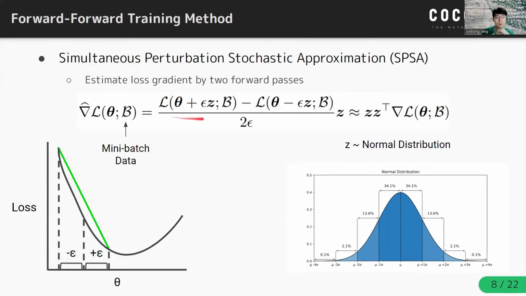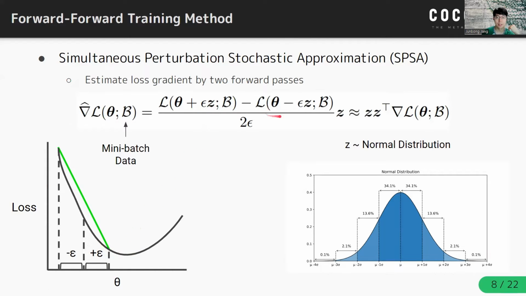Here you have the loss function of the trainable theta plus the perturbation epsilon times z. Epsilon can be a very small perturbation like 0.01 in their code, and z is sampled from the normal distribution.